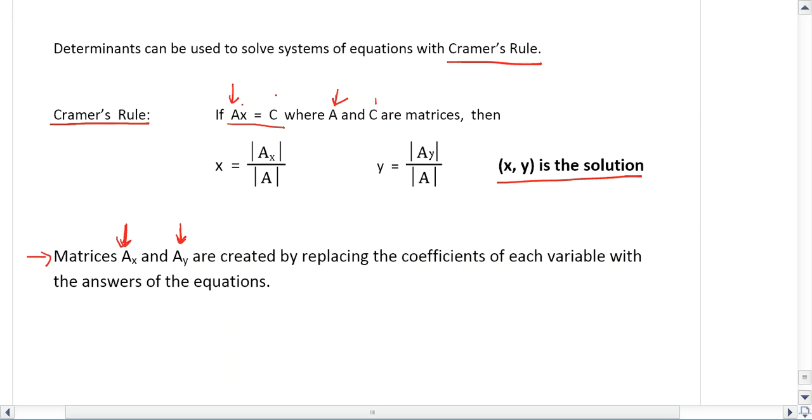And so inside the coefficient matrix, like in A sub x, we'll take out the x coefficients and we'll put in the answers. And then when we want to find the A sub y matrix, we'll take out the y coefficients and put in the answers. So do write this down, write down Cramer's rule, and then have it sitting side by side here when we look at our example.